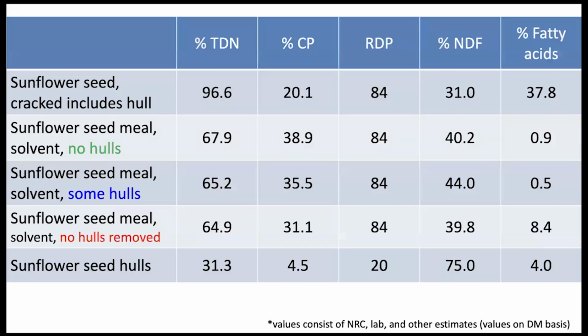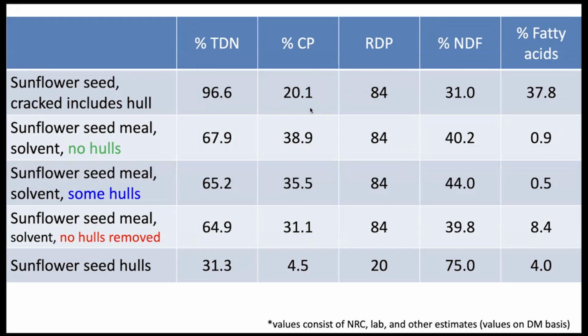When we look at sunflower seed, we'll look at some energy values and then we'll look at some more stuff on sunflowers. When we look at whole sunflower seeds, assuming they've been cracked just a little bit and the hull is still there, they can have some pretty good energy value. Cattle do not like them. They don't eat them real well.